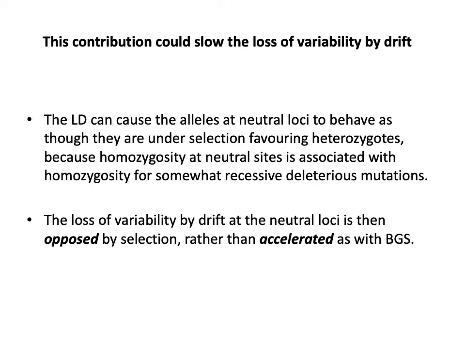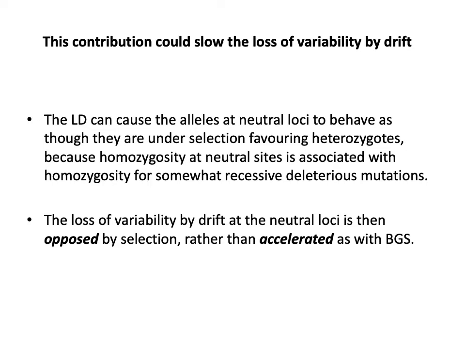The LD can cause the alleles at the neutral loci to behave as though they're under selection favouring heterozygotes, because homozygosity at these sites is associated with homozygosity for somewhat recessive deleterious mutations. The loss of variability by drift at a neutral locus is then opposed by selection rather than accelerated as with background selection, despite the fact that both processes involve selection against deleterious mutations.